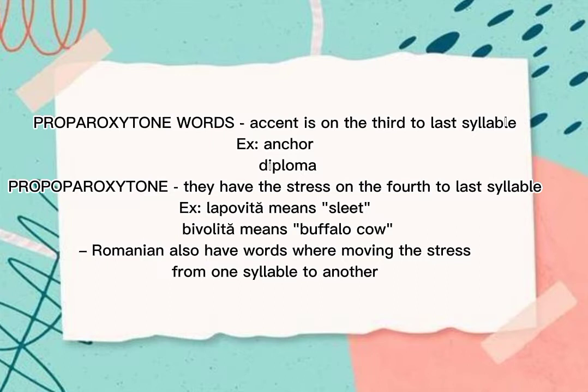In Romanian, we also have words where moving the stress from one syllable to another is allowed. For example, manager, manager, antic. Stress sometimes plays a role in semantic or grammatical differentiations. So the stress might be the only difference between two words or grammatical forms that are written identically.